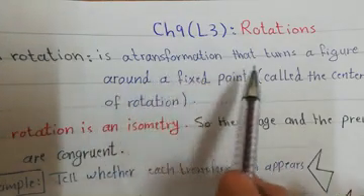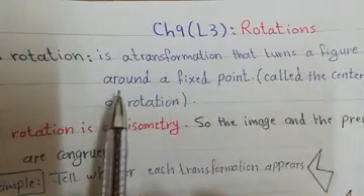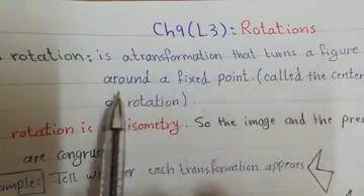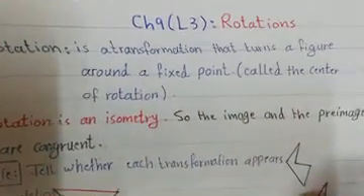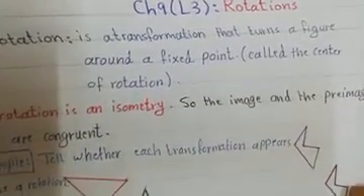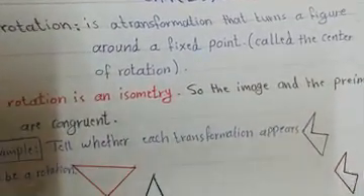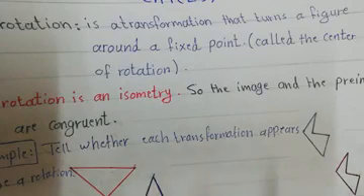What is a rotation? Rotation is a transformation that turns or rotates a figure around a fixed point. This fixed point, we call it the center of rotation. By the way, the rotation is an isometry, exactly like the translations and the reflection.